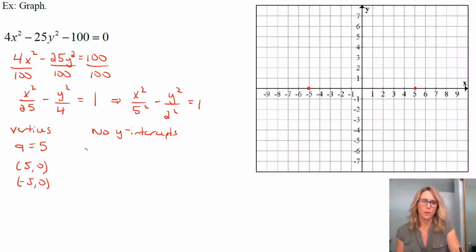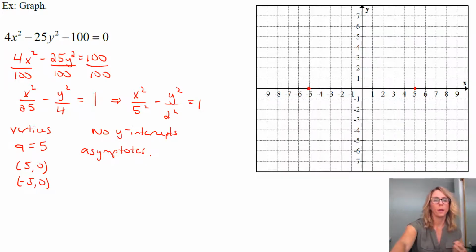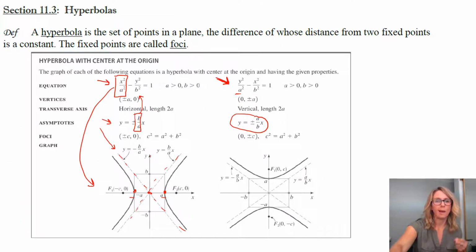Besides the vertices, really all we need other than that are the asymptotes. Now we can come back, since this is the first case that we were looking at. We have a situation like this. We can see that in this case our asymptotes are y equals plus or minus b over a.